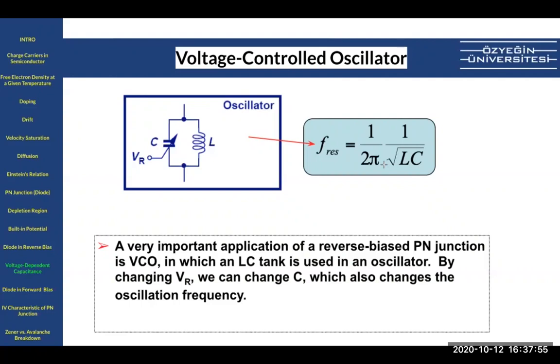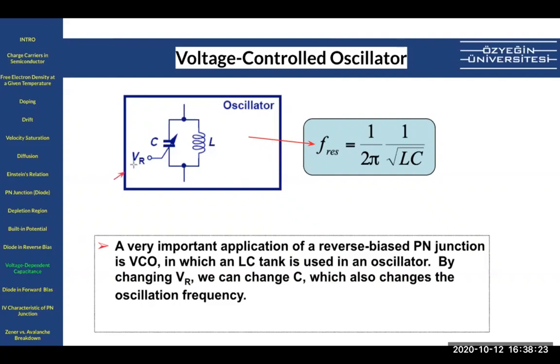When we look at this formula, basically the oscillator is used to generate an oscillation frequency. We need these oscillation frequencies to mix other signals most of the time. So we need to change this frequency in the circuit through a different parameter.